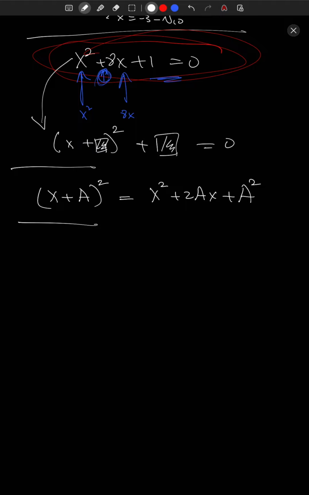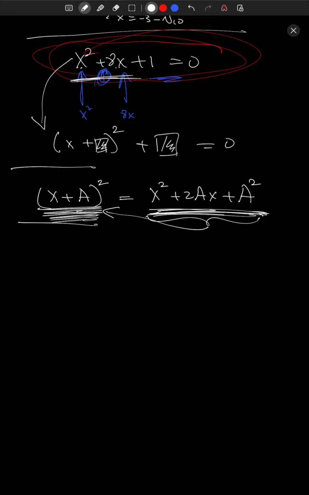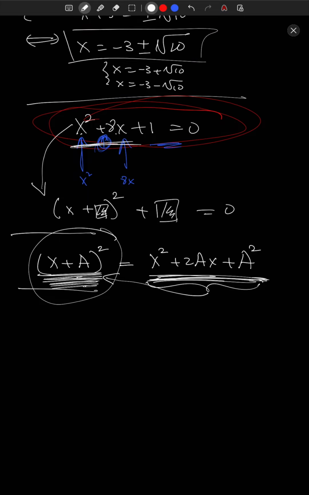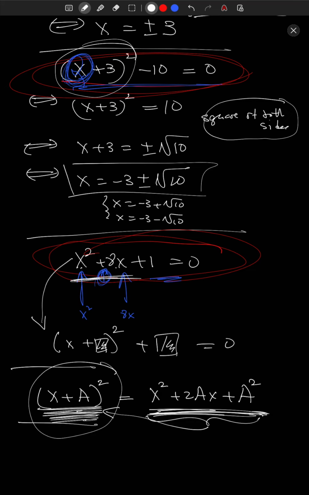Now, what we have in our problem, x squared plus 8x plus 1, essentially is this right-hand side right there, all right? Or it's something that we want to convert into the right-hand side right here, right? We want to rewrite this guy up here into something that looks like this right-hand side. Why? Because this right-hand side is secretly equal to that, and that's really, really nice, right? x plus a squared is exactly like this x plus 3 squared.